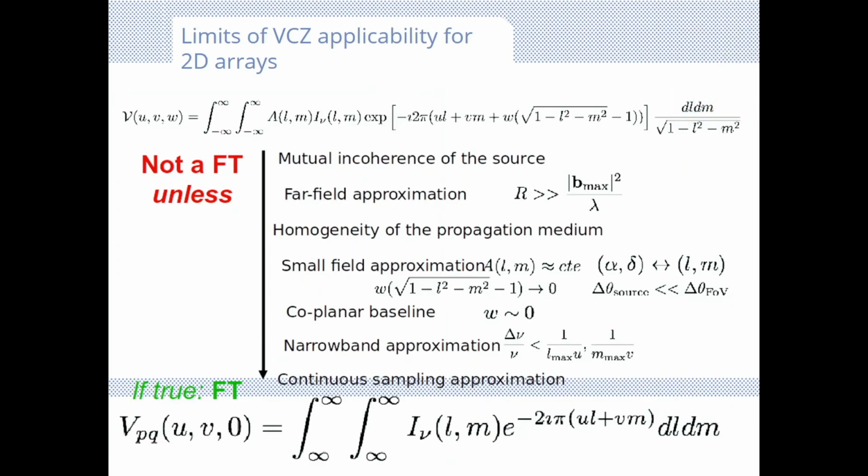Now, let's look at the limitations of this Fourier relationship, the applicability of the van Cittert-Zernike theorem to convert between the visibility and image spaces. The full relationship is described here in the equation at the top.